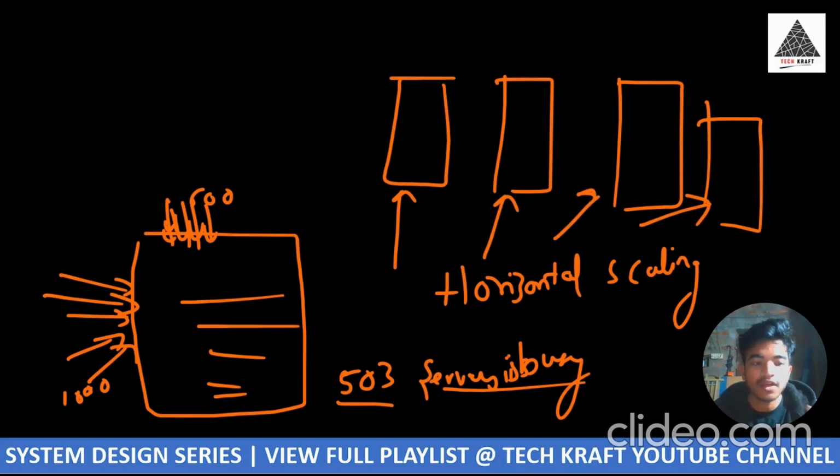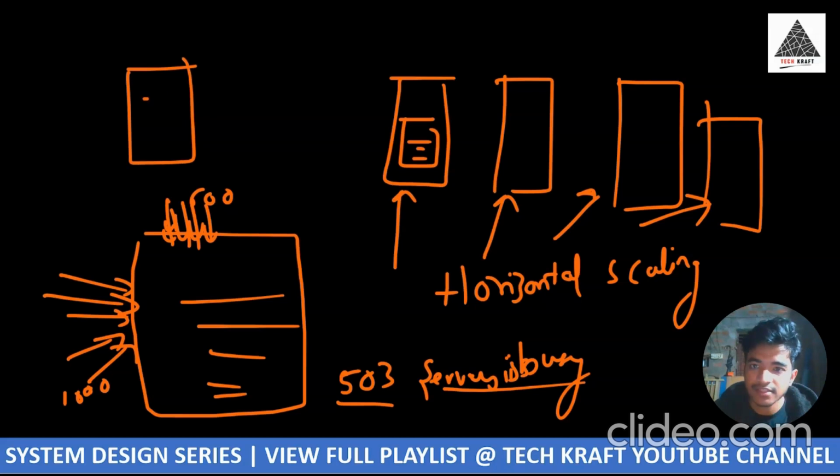So let me continue where I stopped. I stopped at what happens when you keep the database in a single server. If you want to scale horizontally, let's say initially for your application there is a single server with the database, and that server has more CPU and more RAM.